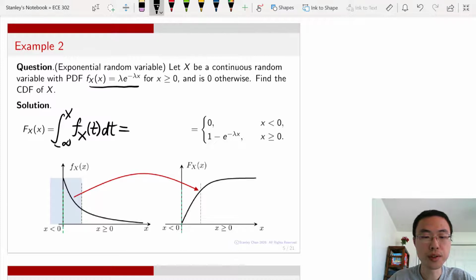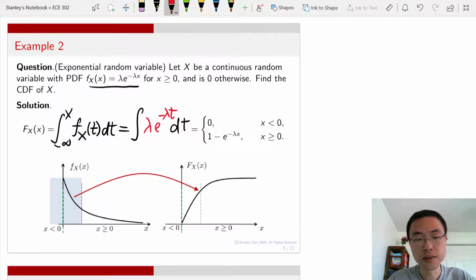Well, this integration can be rewritten as lambda e to the minus lambda t dt. How about the limits? The lower limit is actually 0 because this function is starting from 0. Anything less than 0 is 0. The upper limit is x because I want to evaluate my CDF at x. So this is the integration that you're interested in.